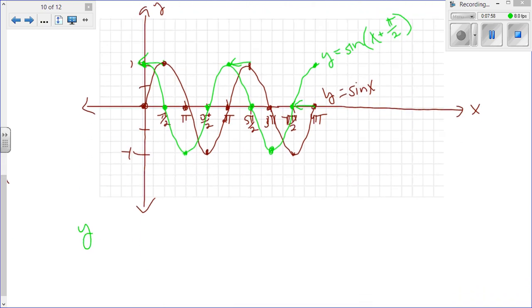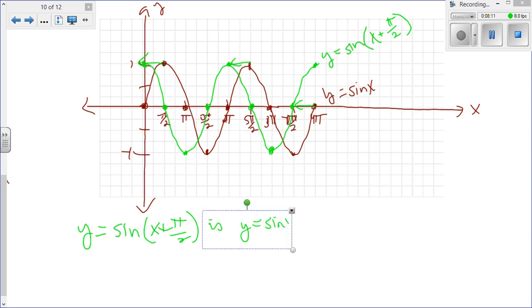So y equals the sine of x plus pi over 2 is just y equals sine x moved pi over 2 units left. Okay, and that is what we call a phase shift.